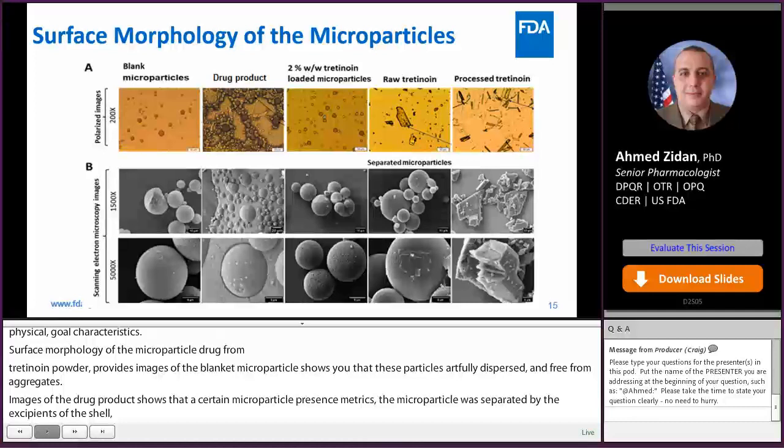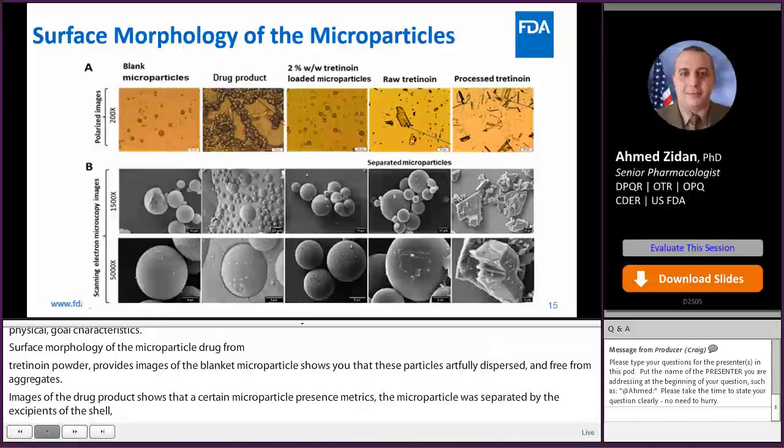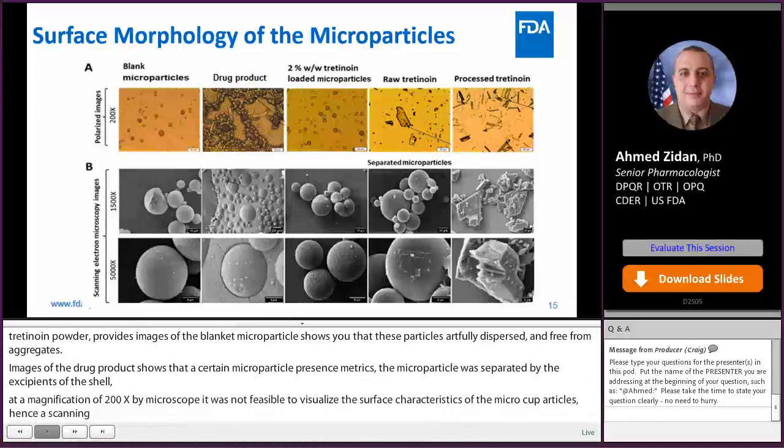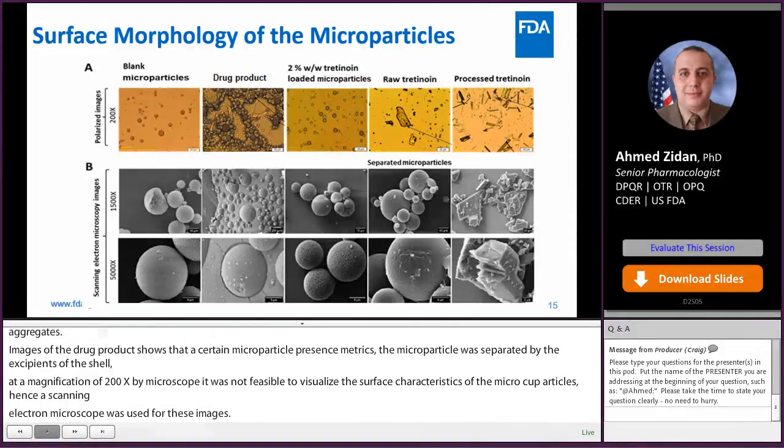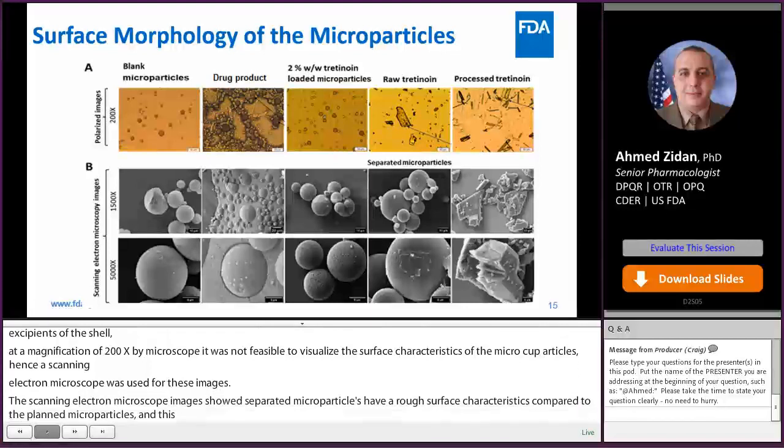Scanning electron microscope images showed that separated microparticles have rough surface characteristics compared to the blank microparticles, and this surface roughness may be formed during the impregnation process in the non-aqueous solvent for drug loading. No obvious pores were observed at the surface of these microparticles.